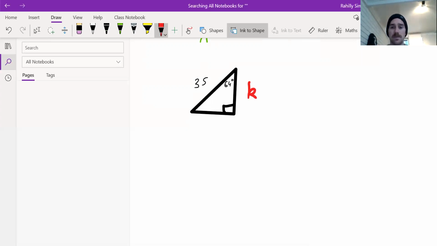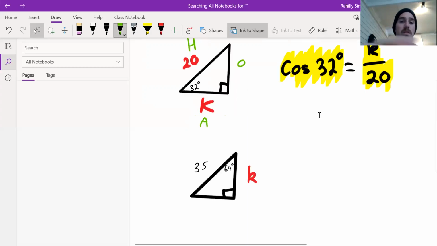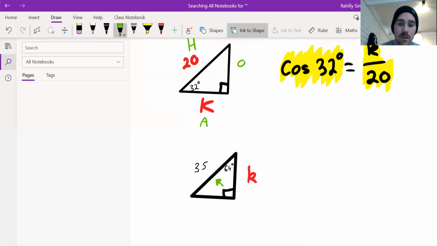So, like we just did, the first thing we need to do is we need to label our triangle. Opposite our 90 degree, that's our hypotenuse. Opposite our angle, that's our opposite.